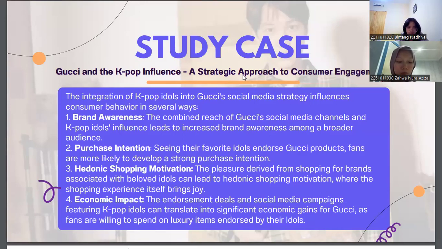And the third one is hedonic shopping motivation. The pleasure derived from shopping for brands associated with a beloved idol can lead to hedonic shopping motivation, where the shopping experience itself brings joy. And the last one is economic impact. The endorsement deals and social media campaigns featuring K-pop idols can translate into significant economic gains for Gucci, as fans are willing to spend on luxury items endorsed by their idol.